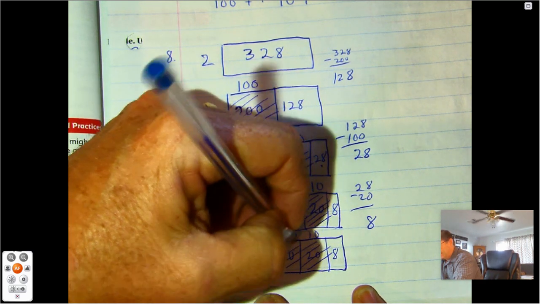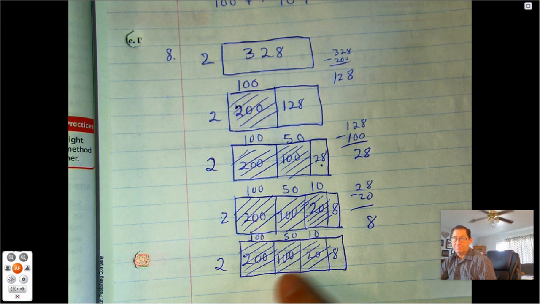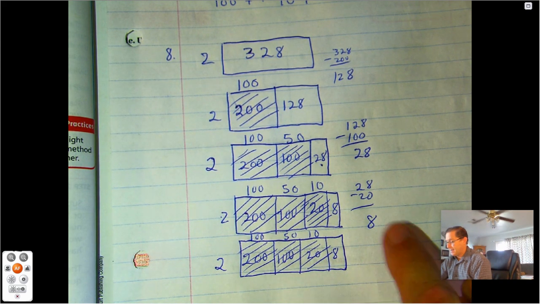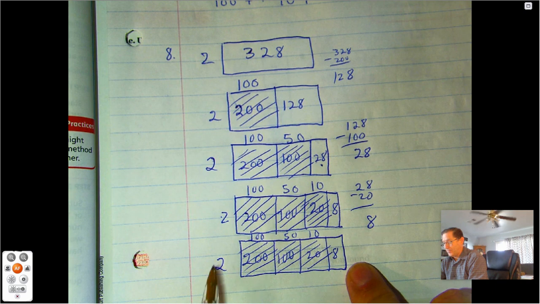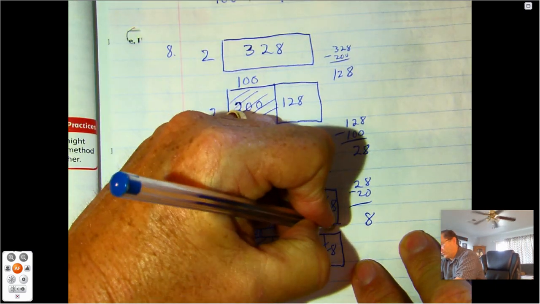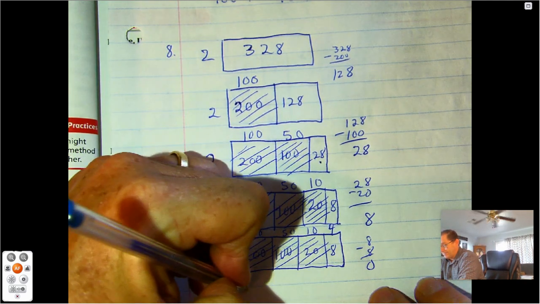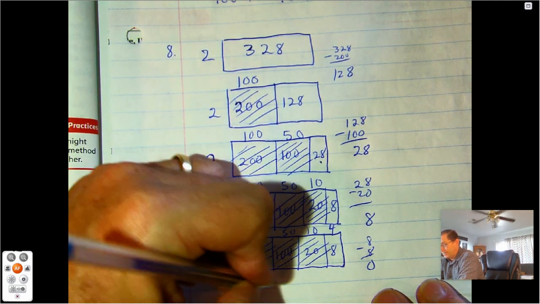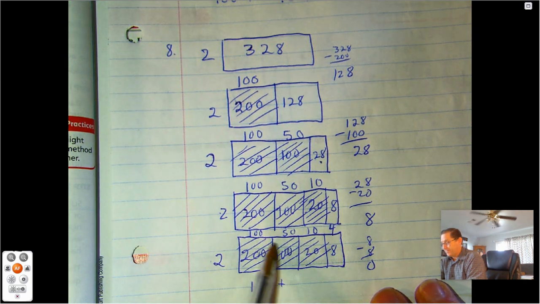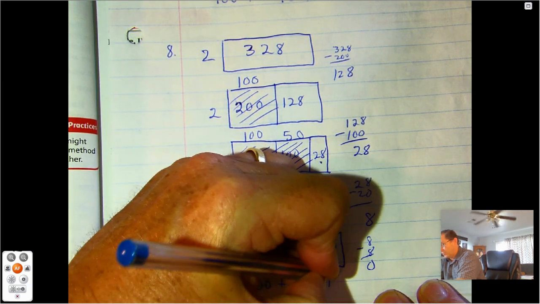Again, the shaded areas mean I've subtracted it already, and this is my last step. So how many 2's does it take to get to 8? 4. And 8 take away 8 is 0. So we have to add 100, 50, 10, 4. 100 plus 64, 164.